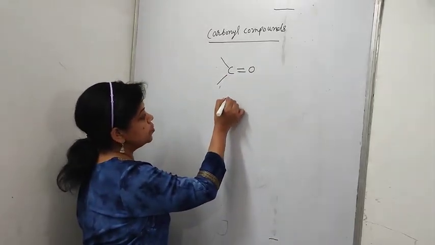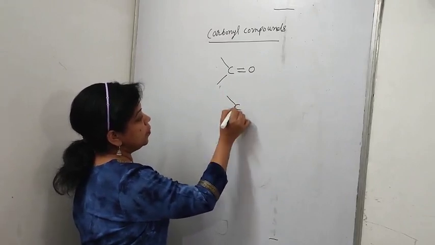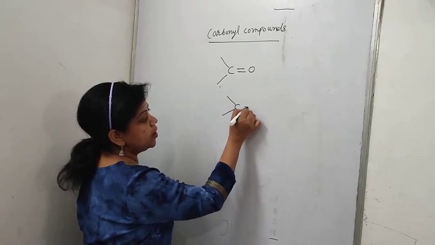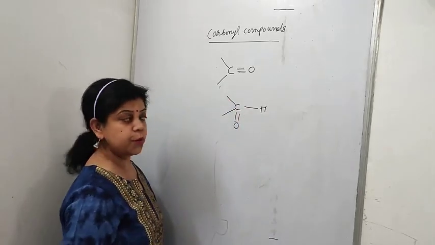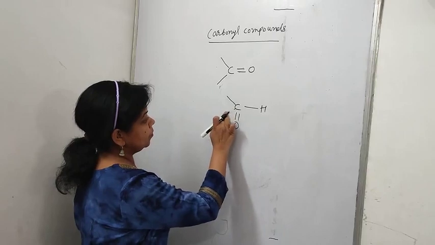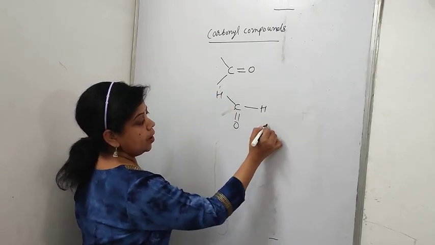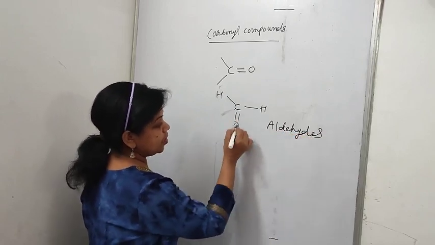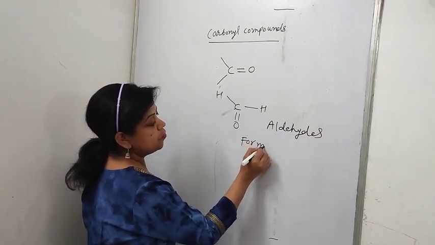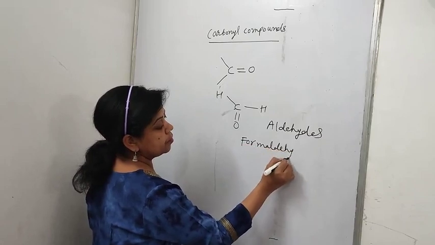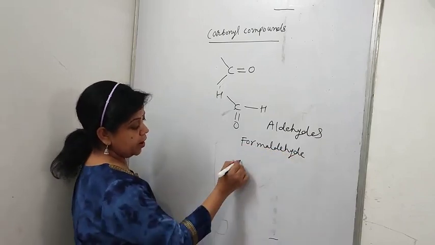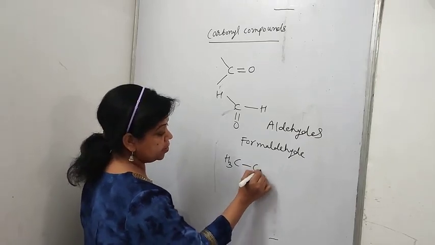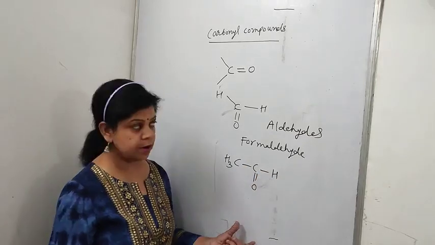Okay students, so compounds in which carbonyl carbon is bonded with hydrogen are known as aldehydes. This is the simplest aldehyde known as formaldehyde, and 2-carbon aldehyde is known as acetaldehyde.